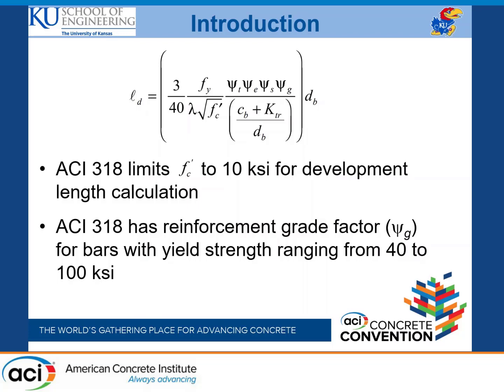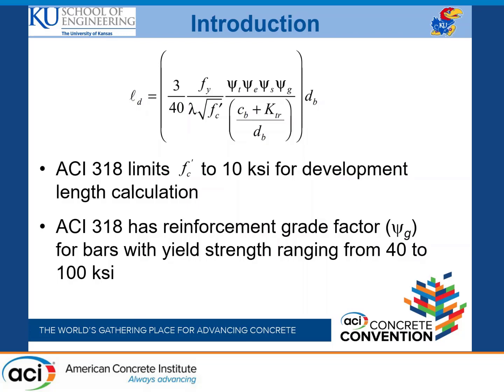Our past research has shown that instead of the square root of f'c, if we use f'c to the power of one quarter, then it will represent the data better. However, because of the long-standing use of the square root of f'c, and it is safe for concrete strength up to 10 ksi, ACI 318 is still using the square root of f'c with the limitation.